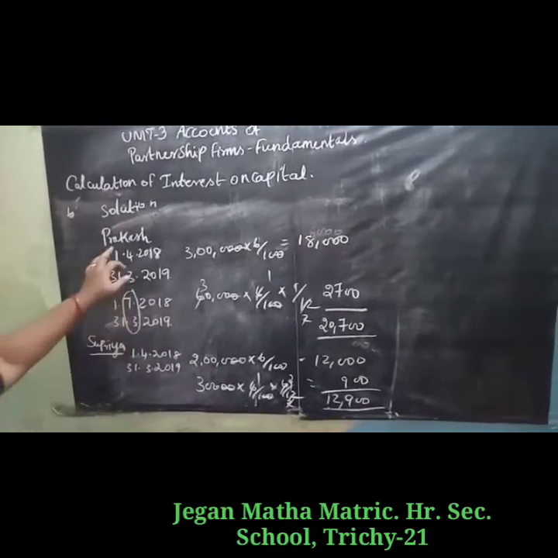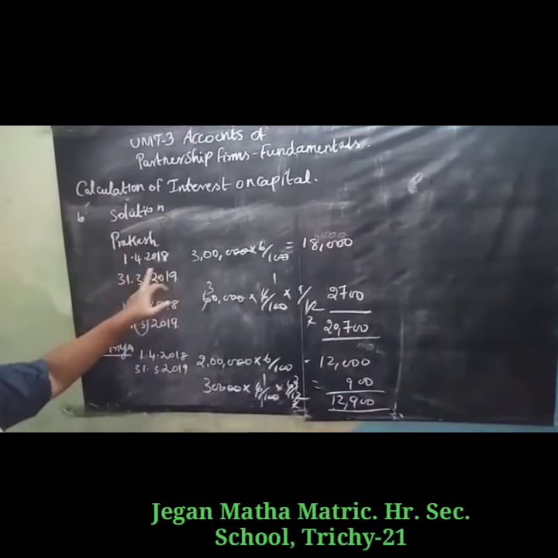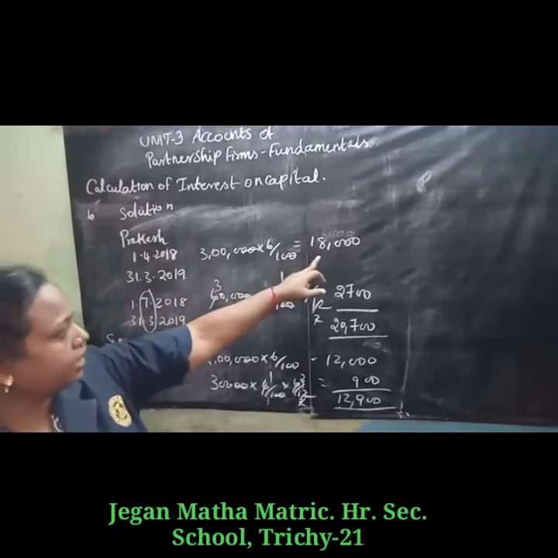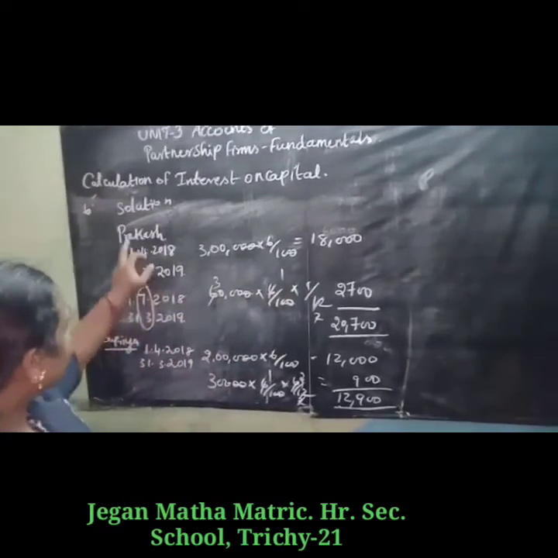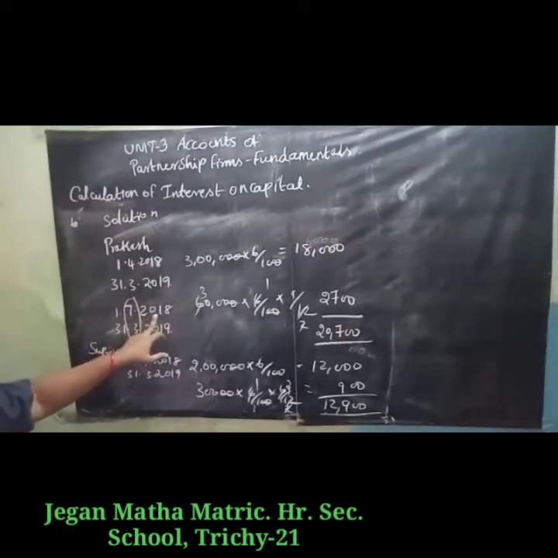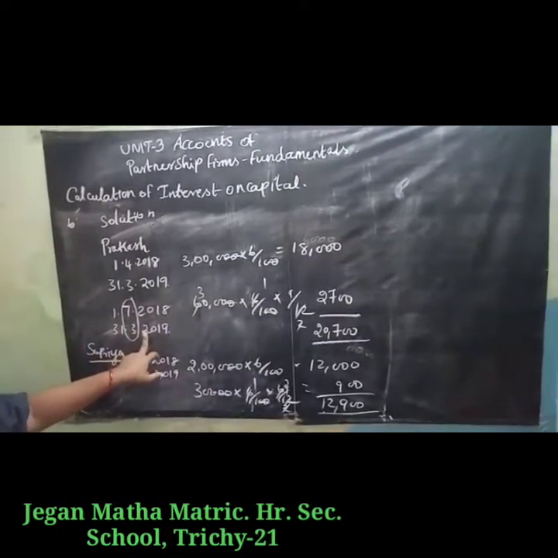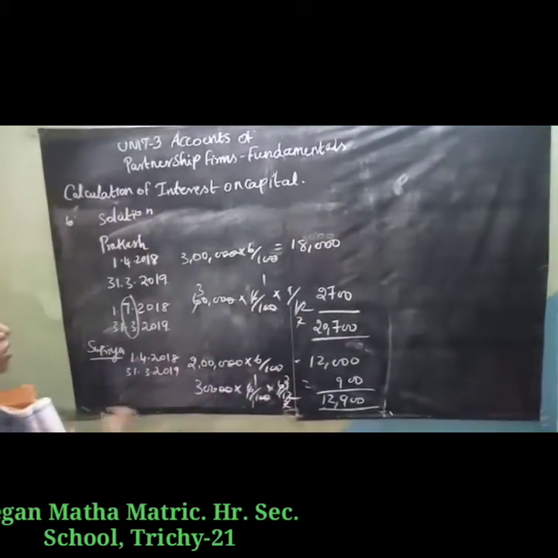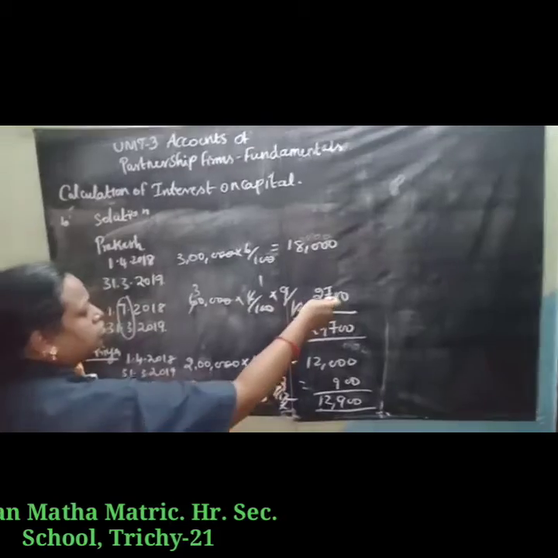So Prakash introduced the capital 1/4/2018 to 31st 3/2019, 3 lakh into 6 by 100, 18,000. The next, Prakash introduced additional capital 1 July 2018 to 31st 3/2019, 60,000 into 6 by 100 into 9 by 12, 2,700.